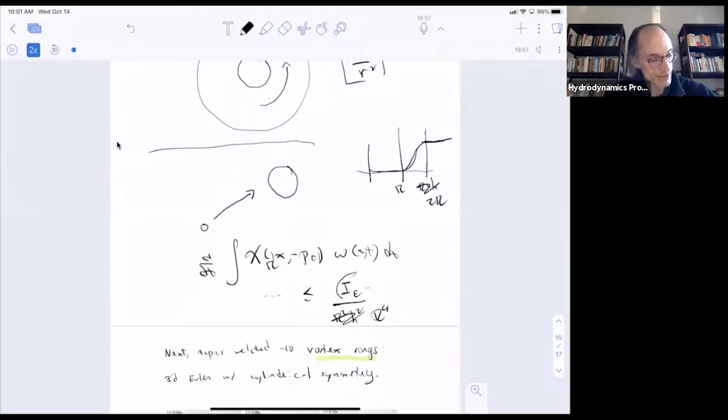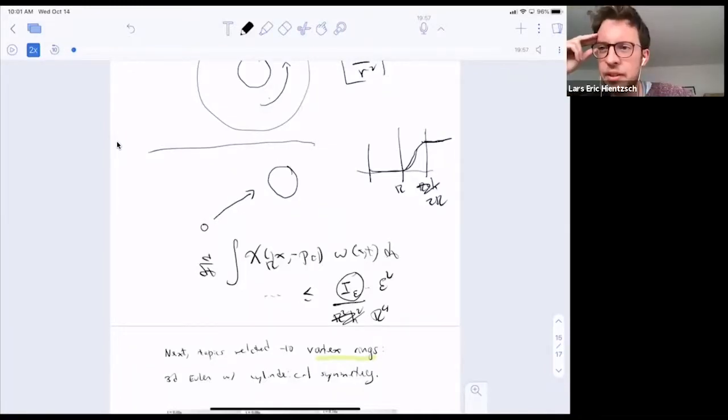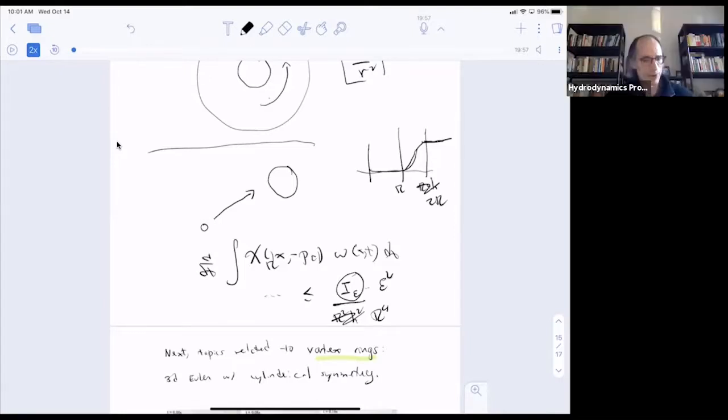And this, on the other hand, was order epsilon squared. And so somehow, if r is smaller than square root of epsilon, then everything goes to hell. And as long as r is a bit bigger, then things are okay. And presumably that's technical.